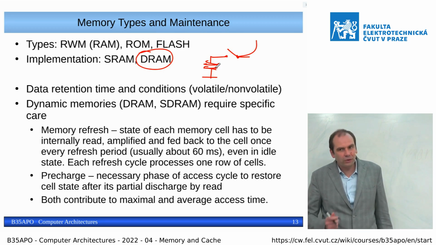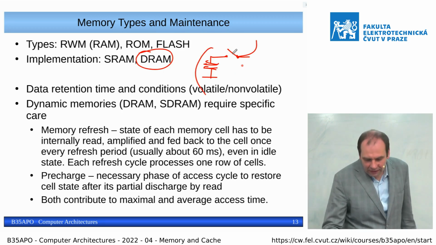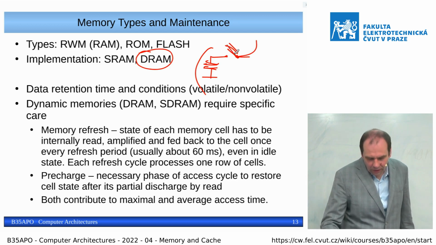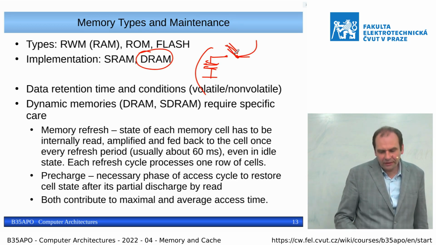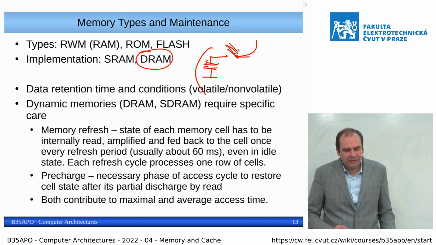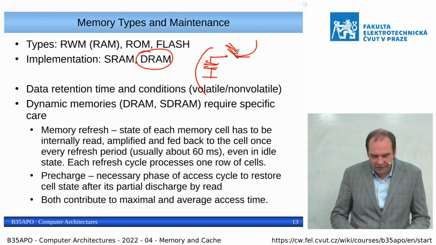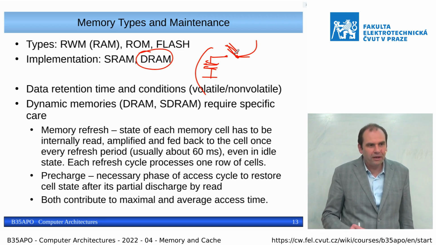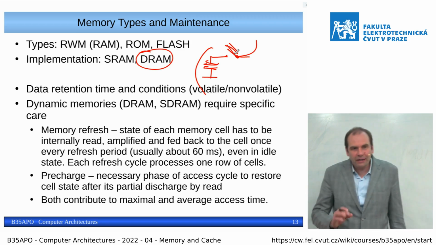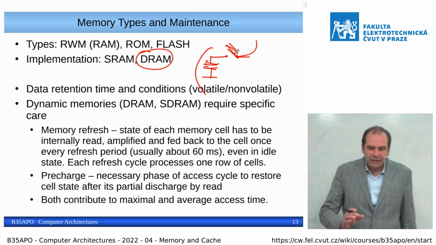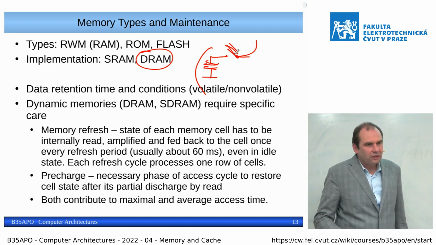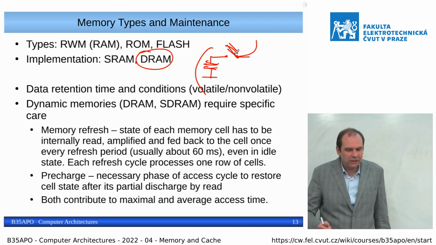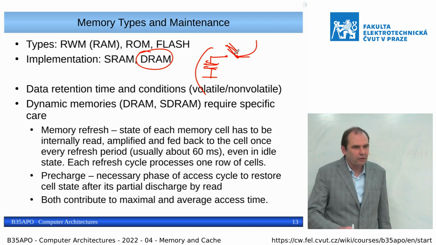But if you look at such a principle, even if we switch off the switch and keep the capacitor, which has really very, very small capacitance, in the order of femtofarads, if we leave it alone, it starts to leak current. So after a relatively short time, you cannot distinguish if there initially was 1 or 0.